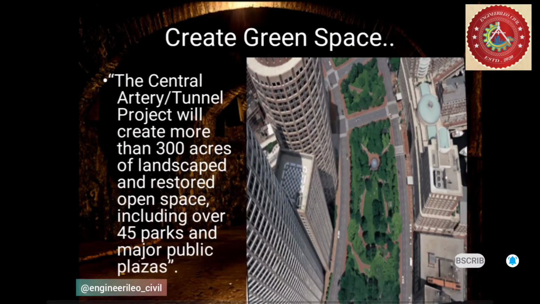Now, the second main reason is to create green space. The Central Artery Tunnel project will create more than 300 acres of landscaped and restored open space, including over 45 parks and major public plazas.